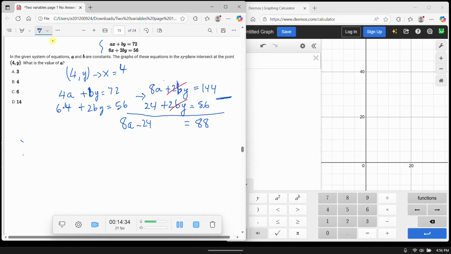I'm going to solve for a. I'm going to add 24 to the right. So I have 8a equal to 112. I divide everything by 8 to get 14. So the answer is 14.